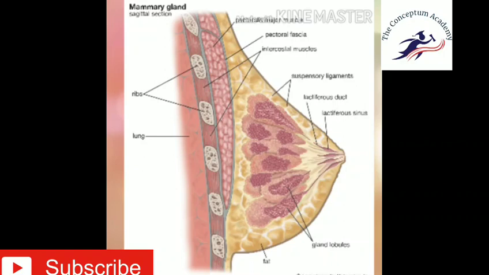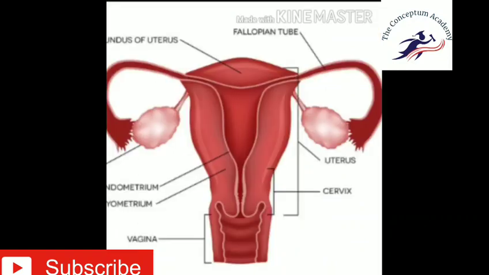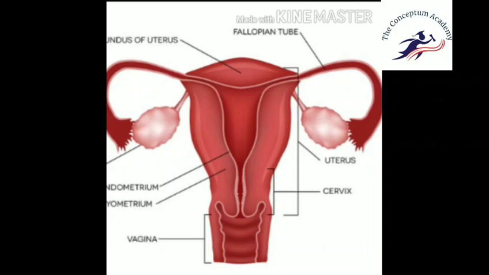Ovaries are the primary female sex organs that produce the female gamete, that is the ovum, and several steroid hormones, also called ovarian hormones. This is the most important point in the exam. The ovaries are located one on each side of the lower abdomen.